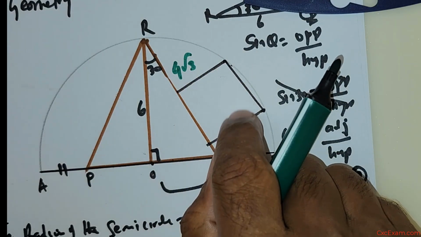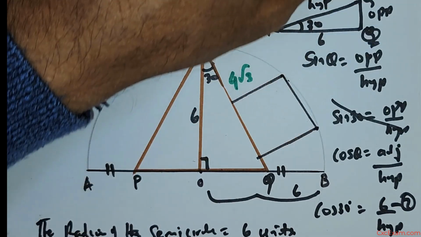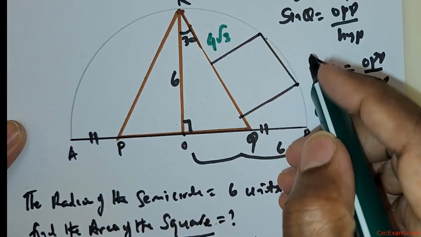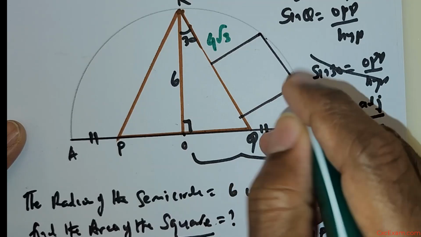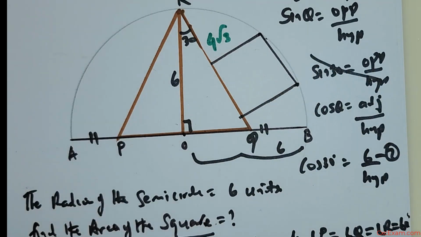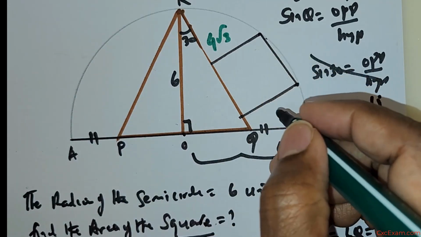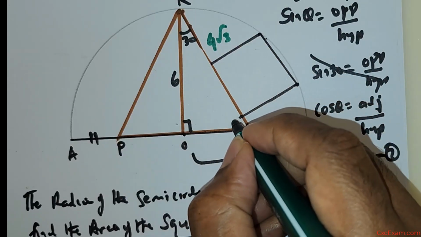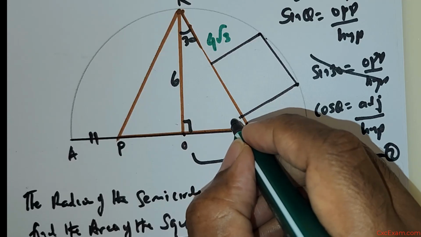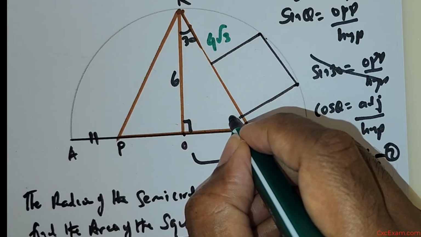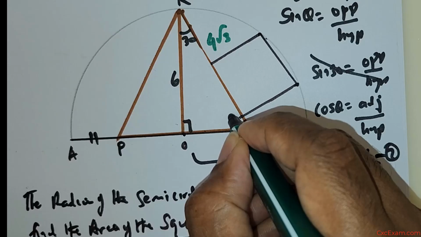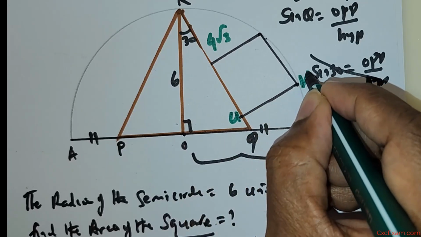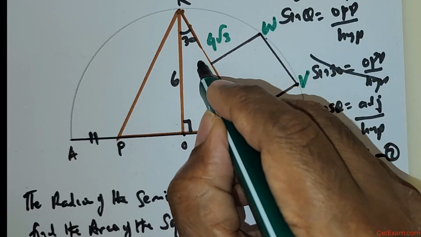Now we are asked to get the area of the square. What I wish to do is I would like to name this square as, say, let us name it as UVWT.